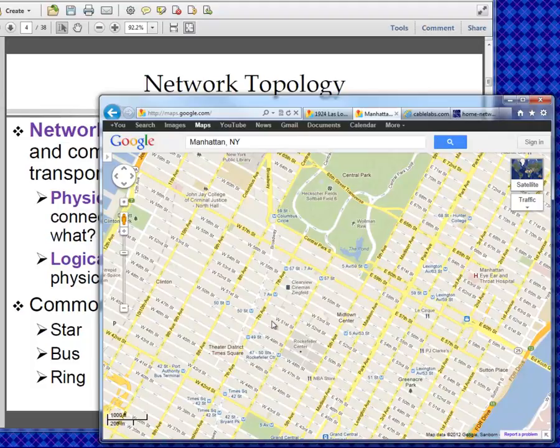So in some senses, you could think of this as a star, but in other senses, you could think of it as a set of buses interconnected in a mesh framework. Every node is not connected to every other node, but every street is connected to every avenue, and every avenue is connected to every street. And so you wind up with something that's not quite a mesh, but it's heading in that direction.